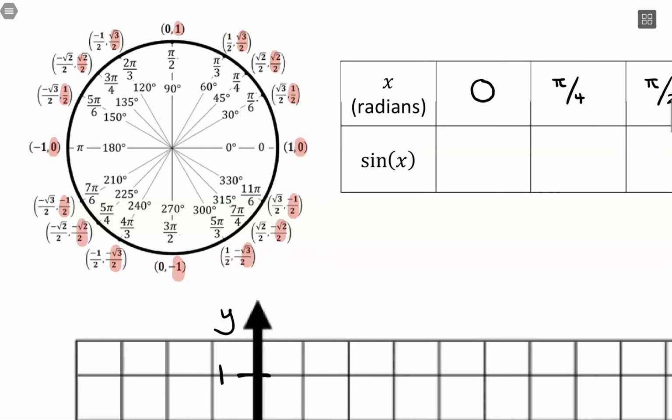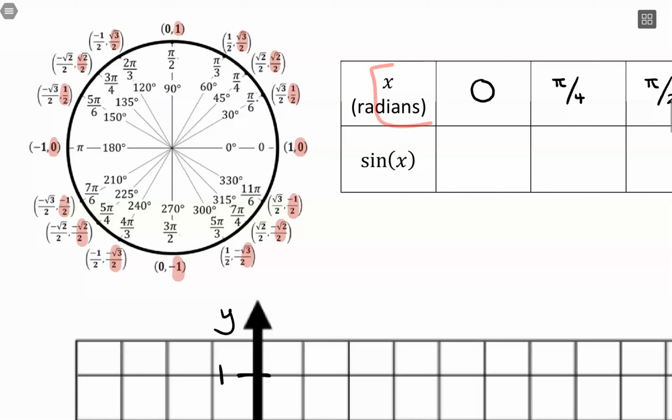In this case it lines up because sine of x is y. But I'll bring this up again when we look at cosine because it's going to be the same exact setup. When I say y-coordinates here, it doesn't necessarily always mean y-coordinates here, so we just want to be careful of that. So instead of y-coordinates, let's say the sine values. We look in that location to grab those sine values.